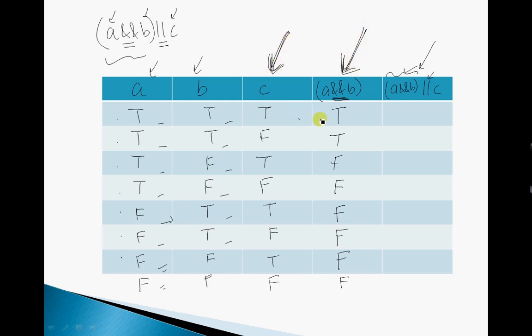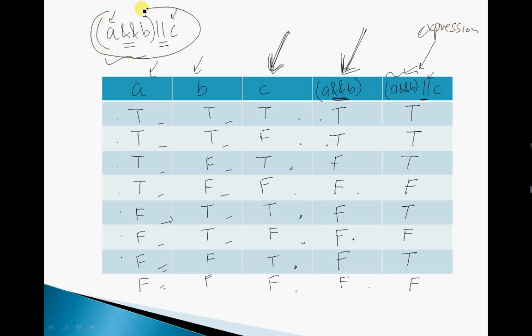So true or true, it's true. False, true, true. I'm dealing with the OR operator, so once I see a T in either of these columns, I'll just put a true. True. False and false or false? Nope. True, false, false. Nope. So this column is your expression's value.